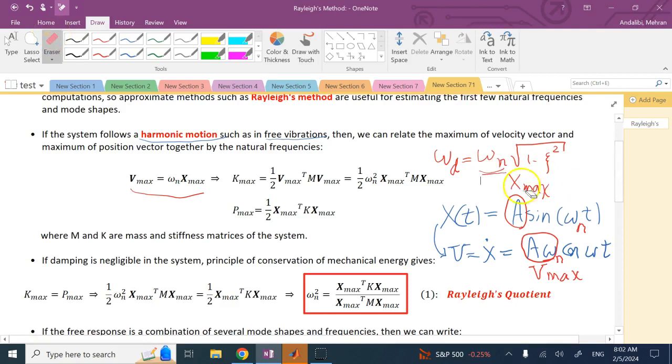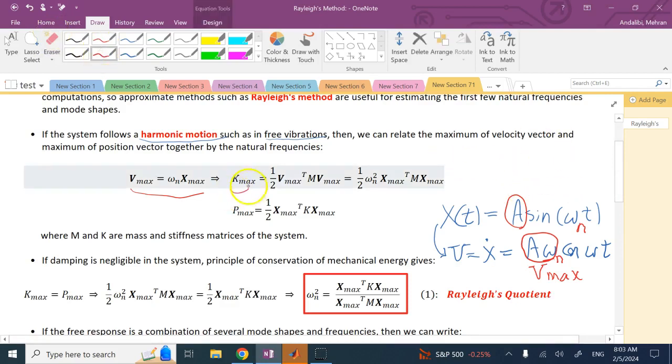If that's the case, then we can say that the maximum kinetic energy of the system is equal to the maximum potential energy of the system. Like, consider a pendulum. When it goes to the maximum angle, right up here, you have maximum P, but K is 0.